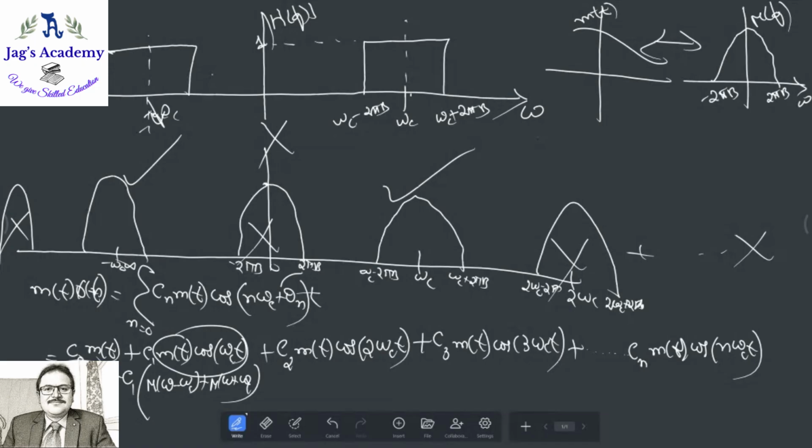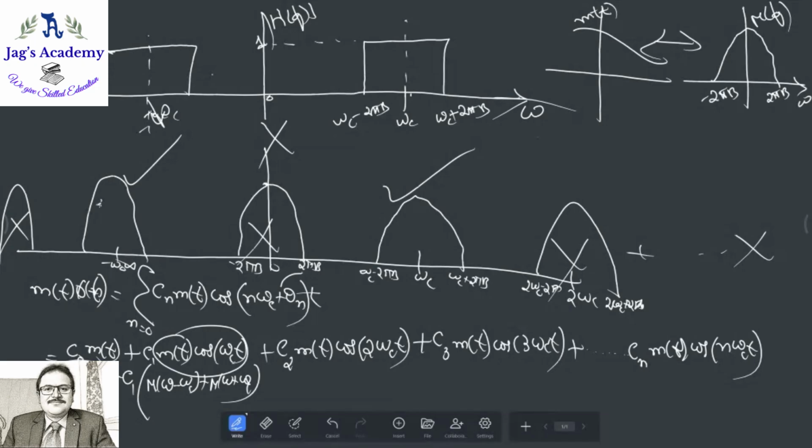See, this is 1, and the rest is all 0. When you multiply these two, tell me, what will remain? Only this will remain, right? And what is this multiplication process? That is filtering, and this is the band pass filter.